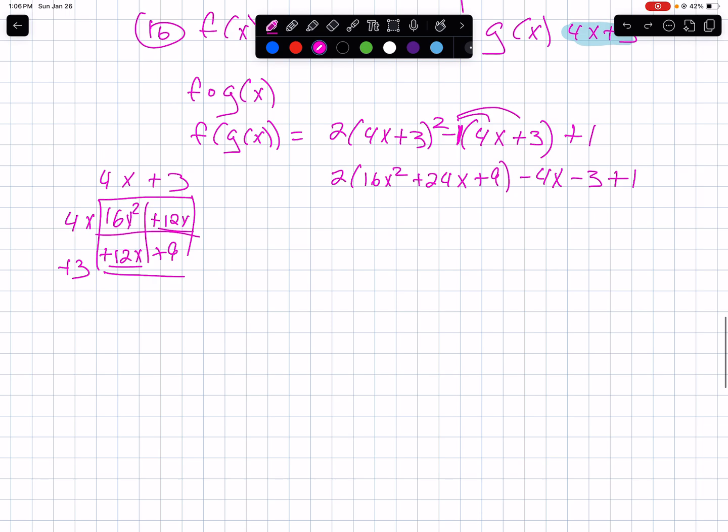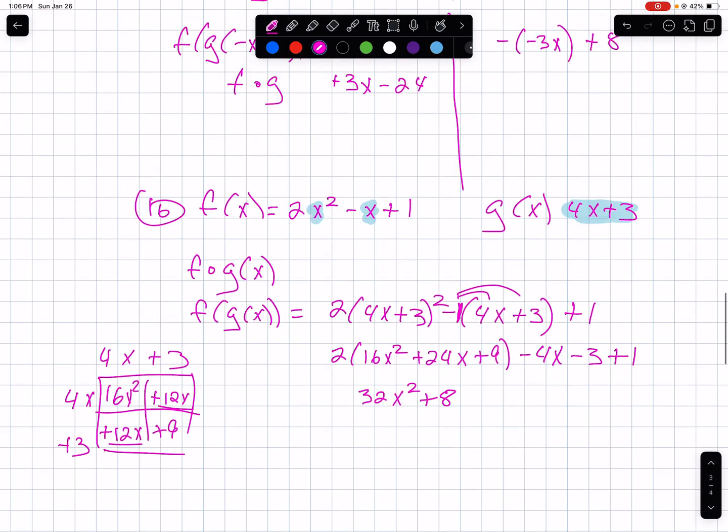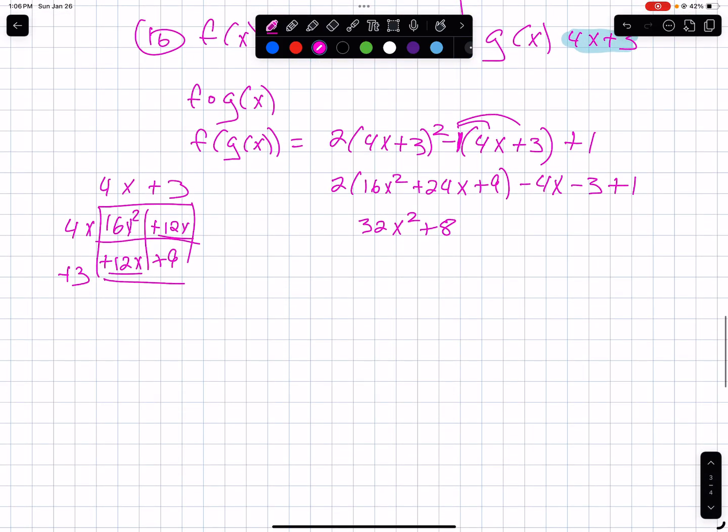So now we distribute that too. So 32x squared plus 48x, plus 18. And then I'm going to combine these two at the end so I don't have to write another step. So minus 4x, and negative 3 plus 1 is negative 2.